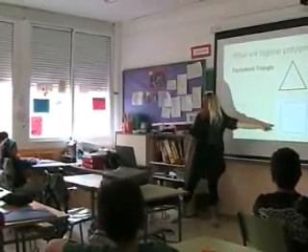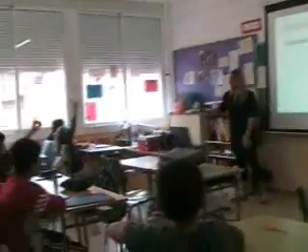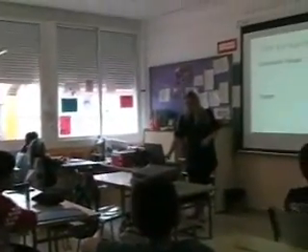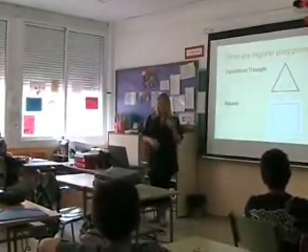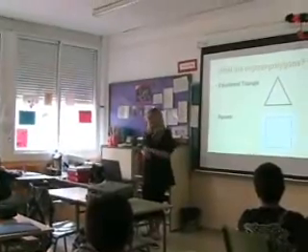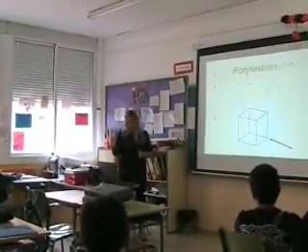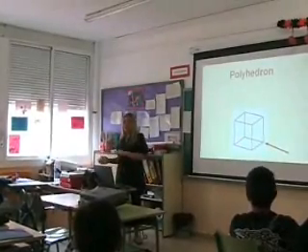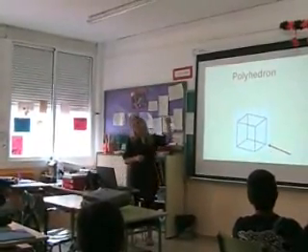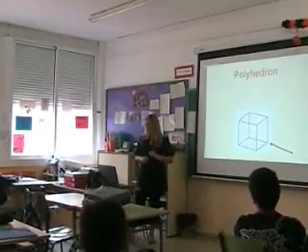What about this? What is this called? What shape is that? This? Square. Good. Easy. Square. Okay. So we're going to use regular polygons to make 3D shapes. So a 3D shape is called a polyhedron. It's not a polygon.